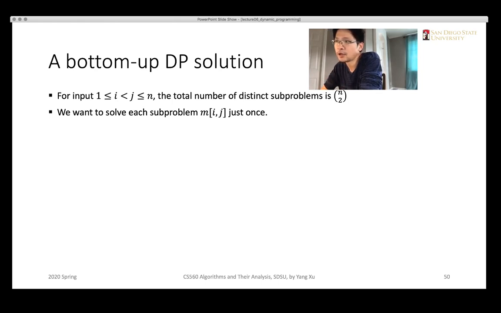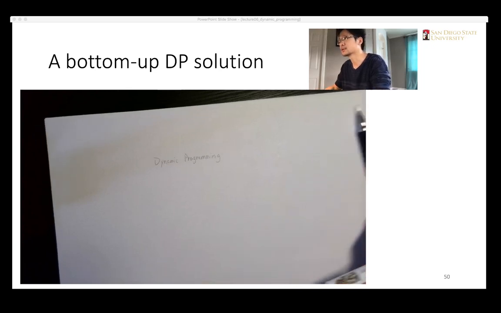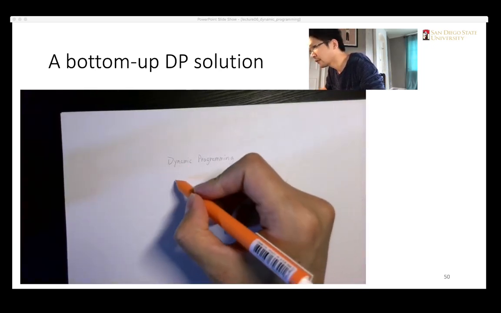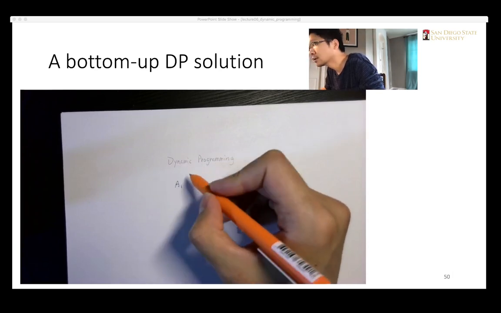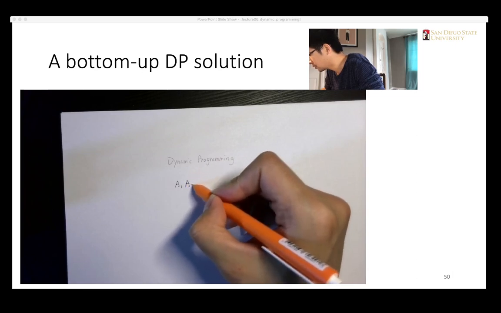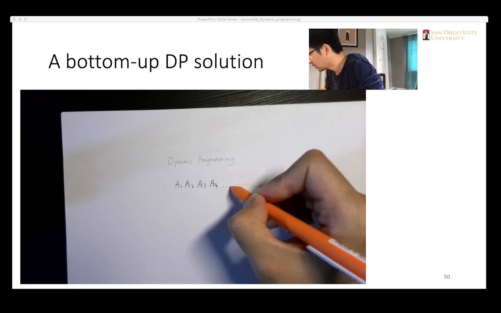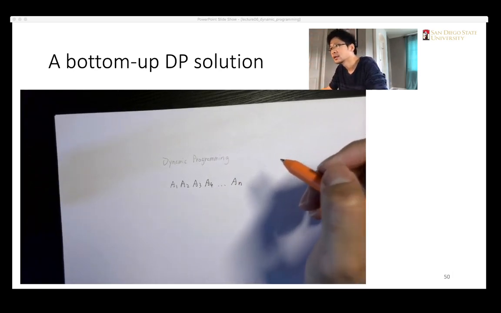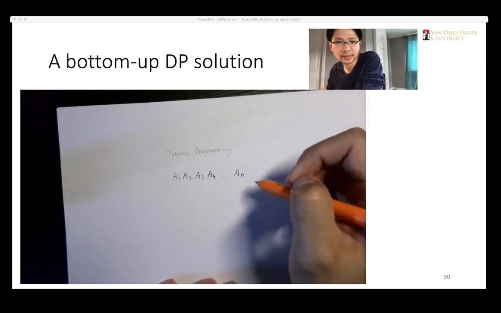Within this long chain we can find a bunch of subproblems. For example, if our original problem is A1 times A2 times A3 times A4 until An, say we have n matrices to multiply together.